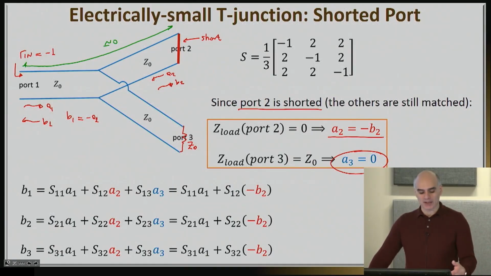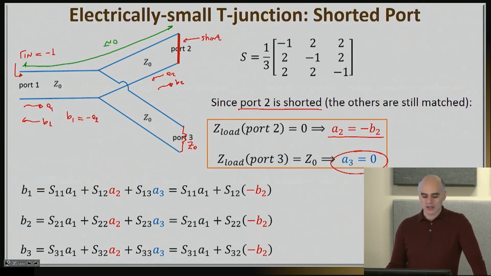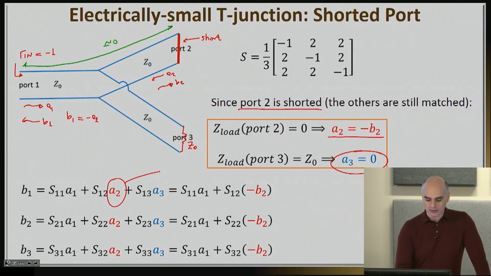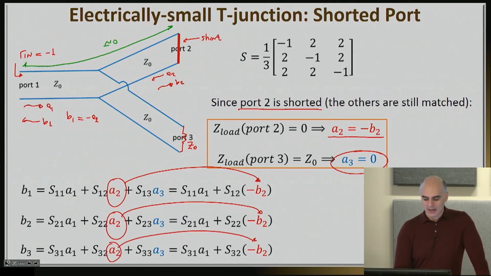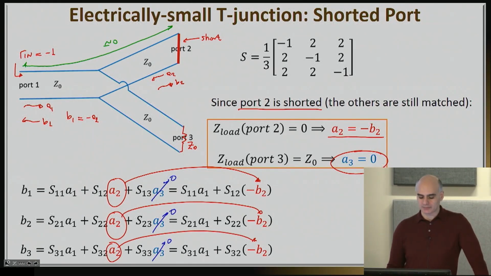For example, I wrote down that B1 is equal to S11A1 plus S12A2 plus S13A3, and use the knowledge I have for the new terminations to essentially simplify the expressions. For example, my A2 is equal to -B2, and you can see that replacement has happened for all of these cases. And my A3 has also been made equal to 0, and so those terms have disappeared.